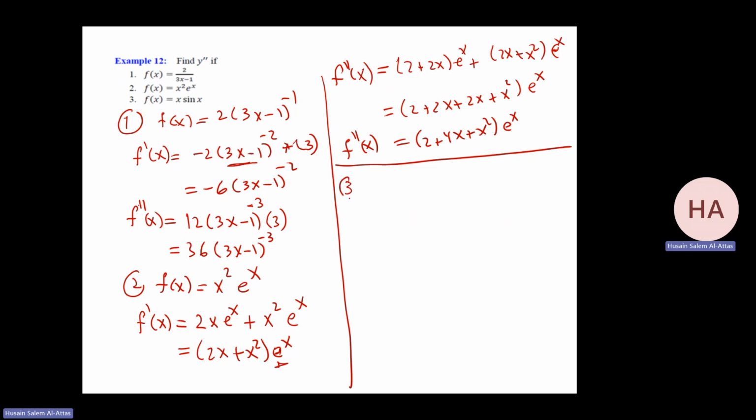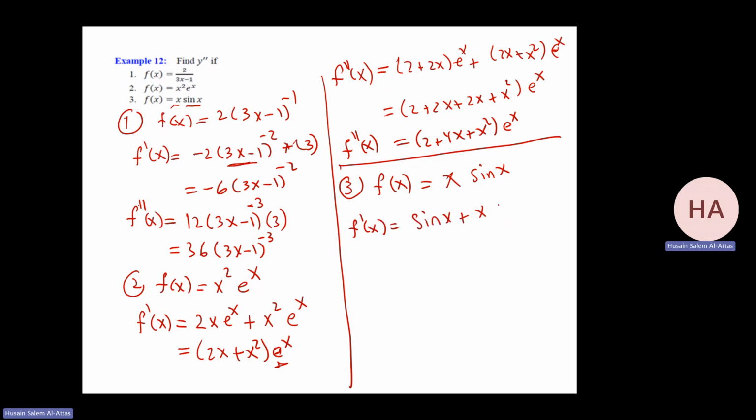Okay, third one, we'll do the same. What is the first derivative? It's a product rule, function times function. Let me write f of x as usual. This is x sine x. So f prime, derivative of the first one times the second, plus x times the derivative of the second.